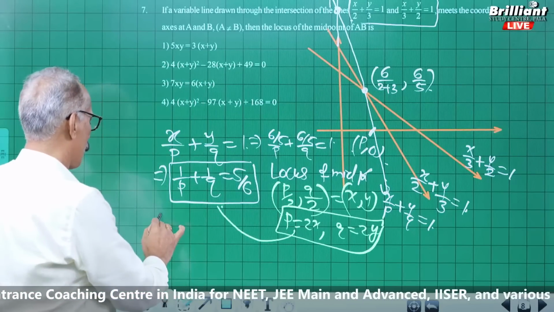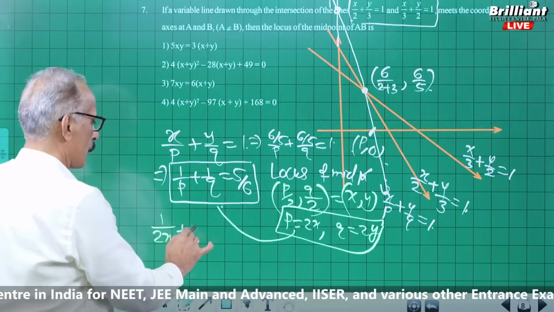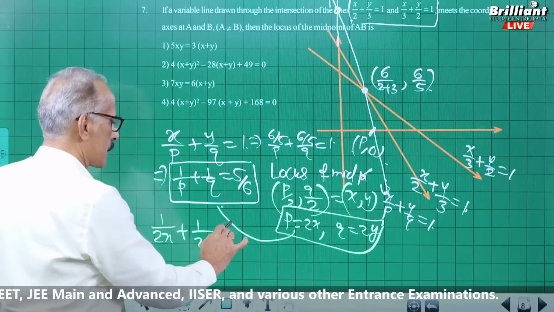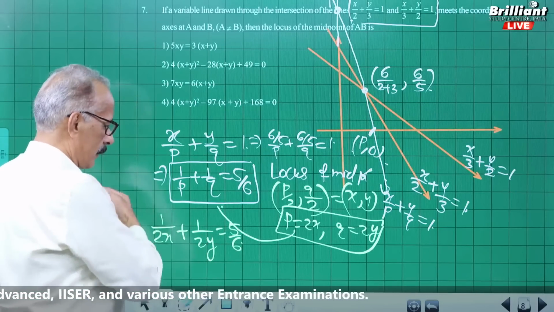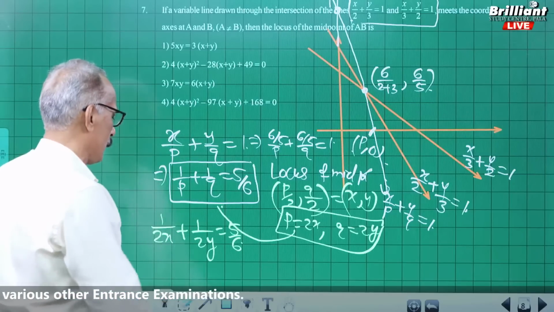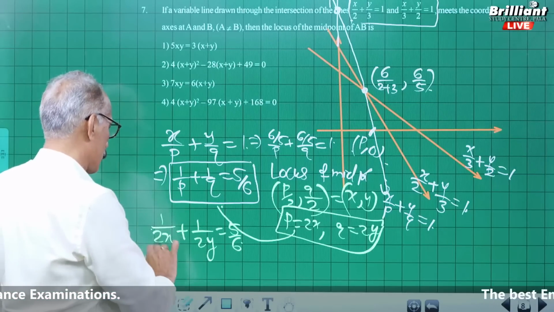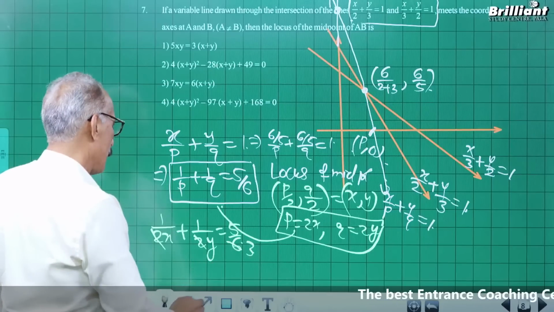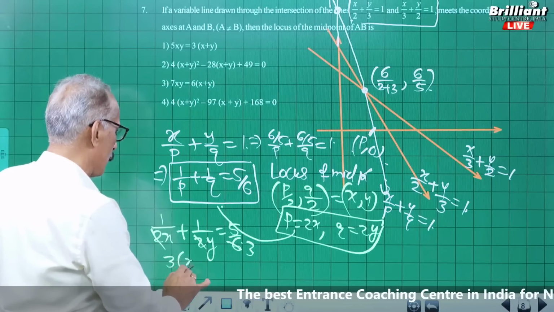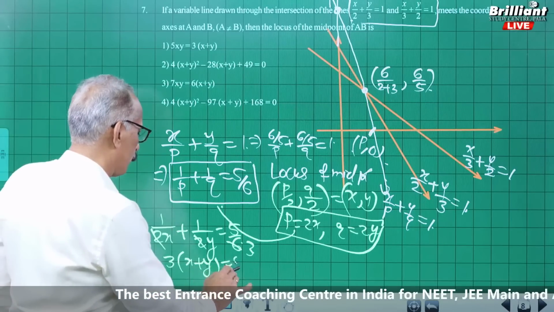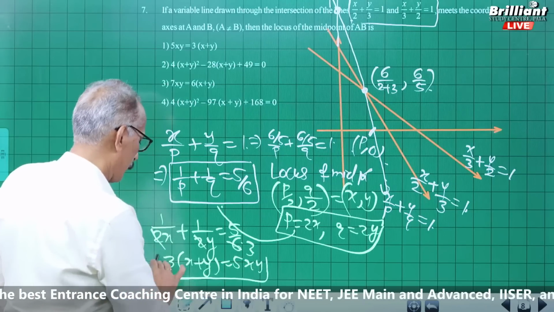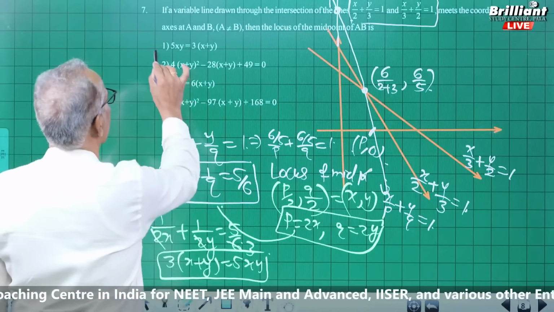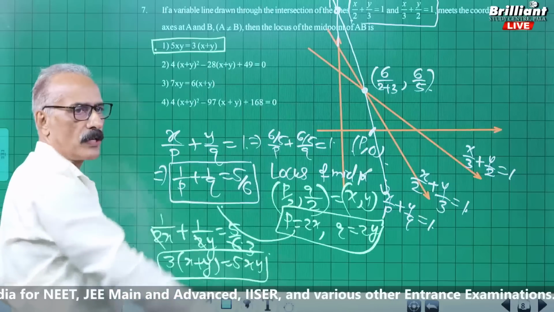Look, this is 1 divided by 2x plus 1 divided by 2y is equal to 5 by 6. Take LCM, cross multiply. The 2 cancels, there is 3, and this will become 3 into (x plus y) equal to 5xy. The first one is your answer.